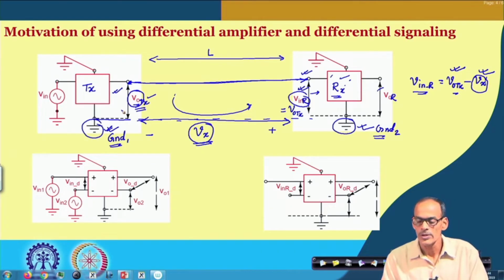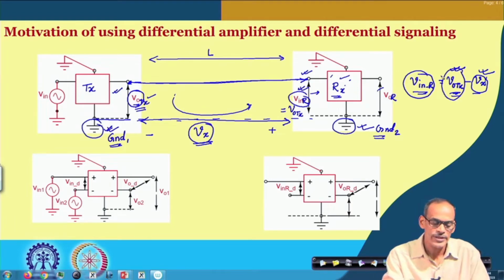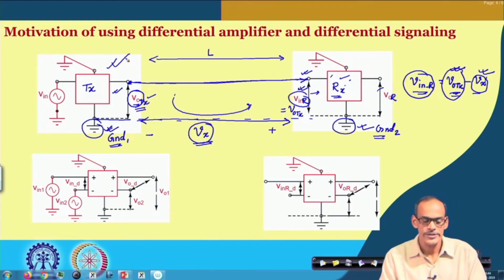In fact, there may be a situation where the ground difference is even higher than the signal quantity. Naturally, the received signal is not only noisy, but the receiver may also have difficulty properly identifying the signal transmitted from the transmitting end. So, that creates the major problem.